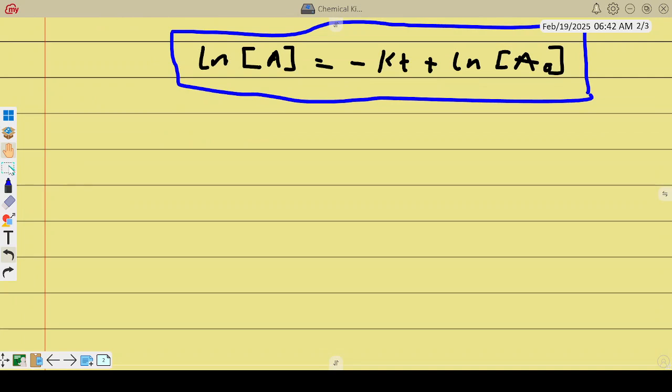Just make sure of the deriving. It's rare that you will be asked, but sometimes you can be told to show that the integrated rate law is this. You have to show all these steps we have written. You first imagine a simple reaction, A gives B, you write the rate law, you write the rate expression, you equate the two, you make the concentration of A the subject, you cross multiply, you divide, and you finally apply the definite integrals.